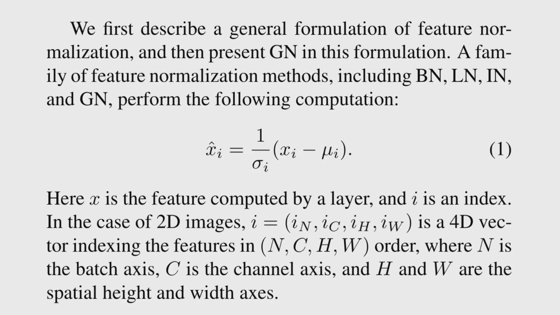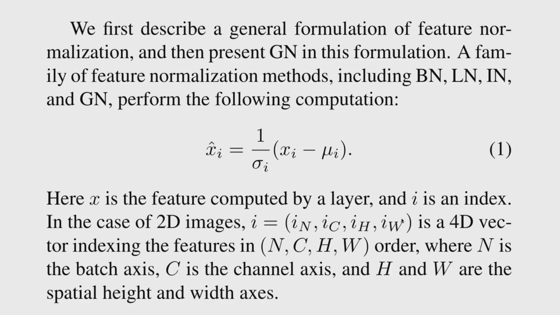So here's a general formulation of feature normalization. All of these, batch norm, layer norm, instance norm, and group norm, perform the following computation. We have some x, the feature computed by a layer. i is the index. In the case of 2D images, i has these 4 coordinates, which are the batch item, the channel, the location in the height of the image, and the location in the width.